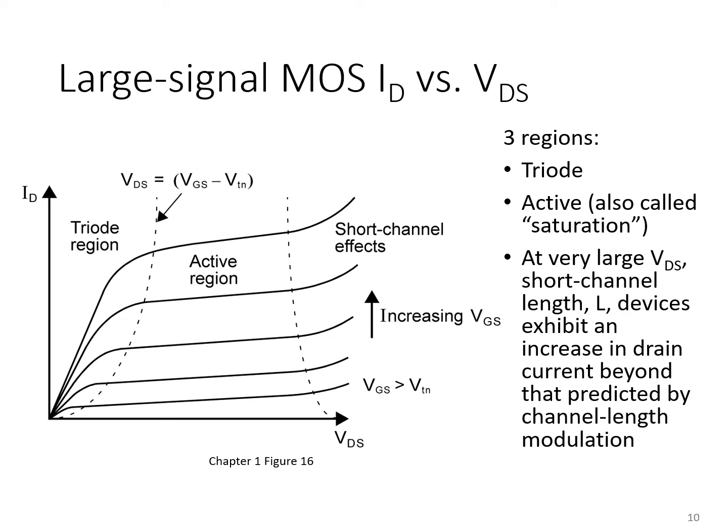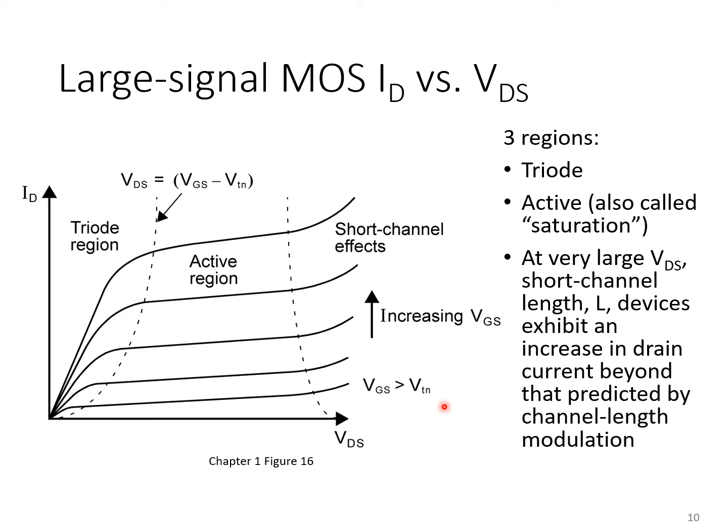So here's a more complete picture of the voltage current relationships in a MOSFET. You'll see here there are three main regions we want to capture. Actually, there's a fourth one that I'll just start out pointing out, which is that when VGS is less than the threshold voltage, you've got a drain current equal to 0. So there's a curve down here that represents the drain current when VGS is less than the threshold voltage.